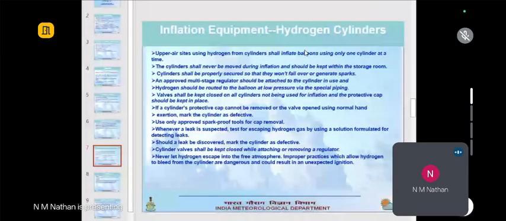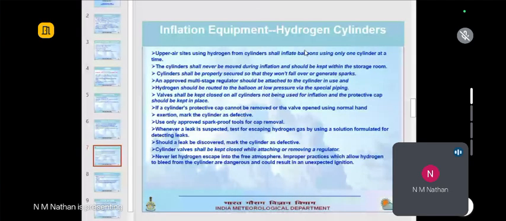For balloon filling, there are precautions you have to take. What are all the precautions? The balloon should be kept in a very neat and clean area. It should not have any dust or any needle-like things.